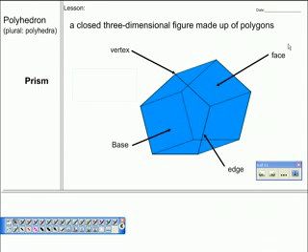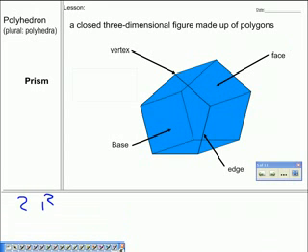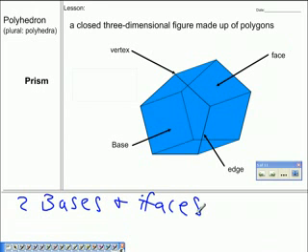Each one of these faces that I look at is a shape. Here I've got rectangles and pentagons. All right. First polyhedron we're going to talk about is this one. It's a prism. A prism has two bases and its faces are, well, what shape? The faces are rectangles. Very good.